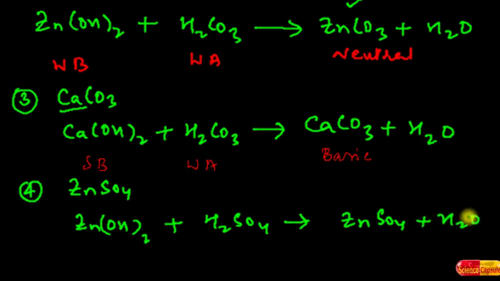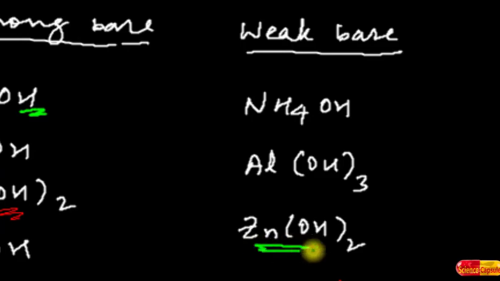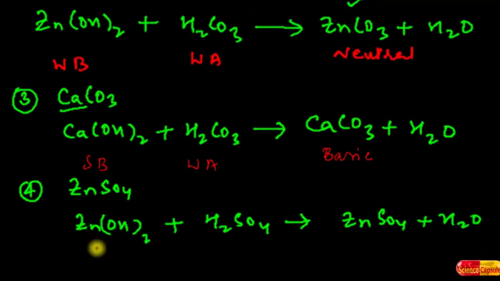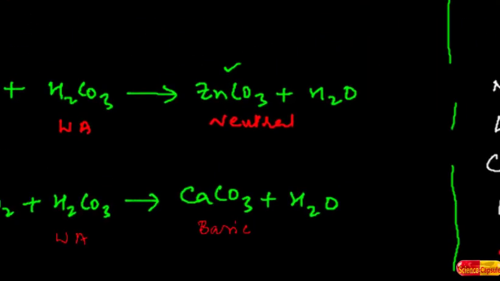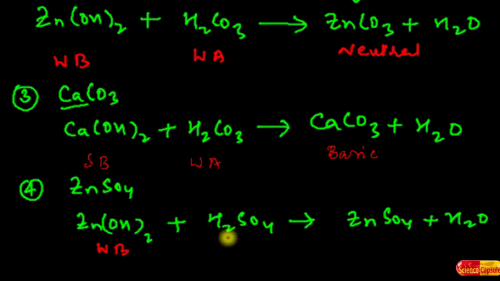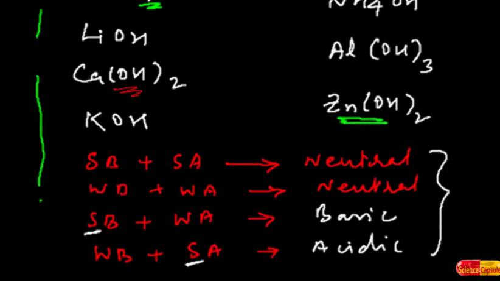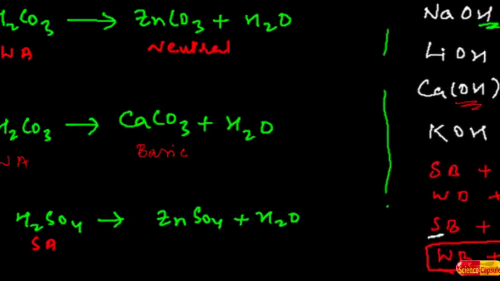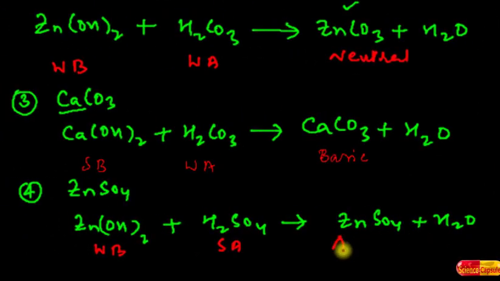Now we know that zinc hydroxide is a weak base, so here we write weak base. And sulfuric acid, we know very well, is a strong acid, so here we write strong acid. Here the combination of weak base and strong acid gives an acidic salt. So this will be an acidic salt.